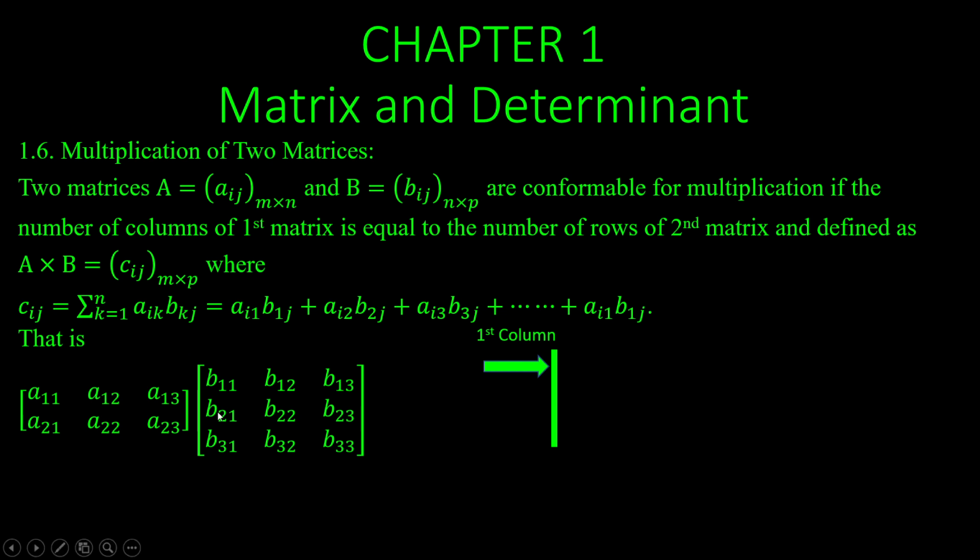Similarly, we have to multiply all the entries of the first column of the second matrix by the corresponding entries of the second row of the first matrix, and adding those products we find a sum, and we put that sum here.